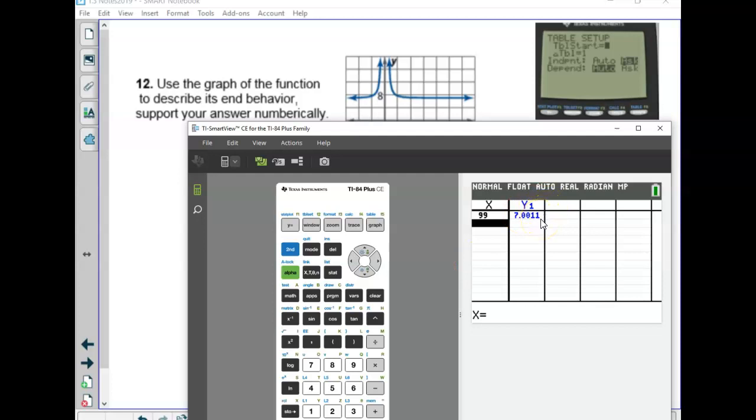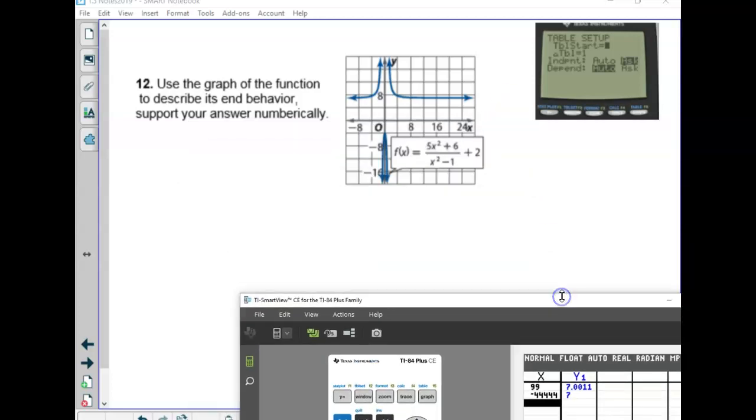What's it getting close to on the right? 7. If I do negative, I'm going to pick 4444 this time. Doesn't matter. It's a very negative number. It's approaching 7. So both ends are approaching 7.